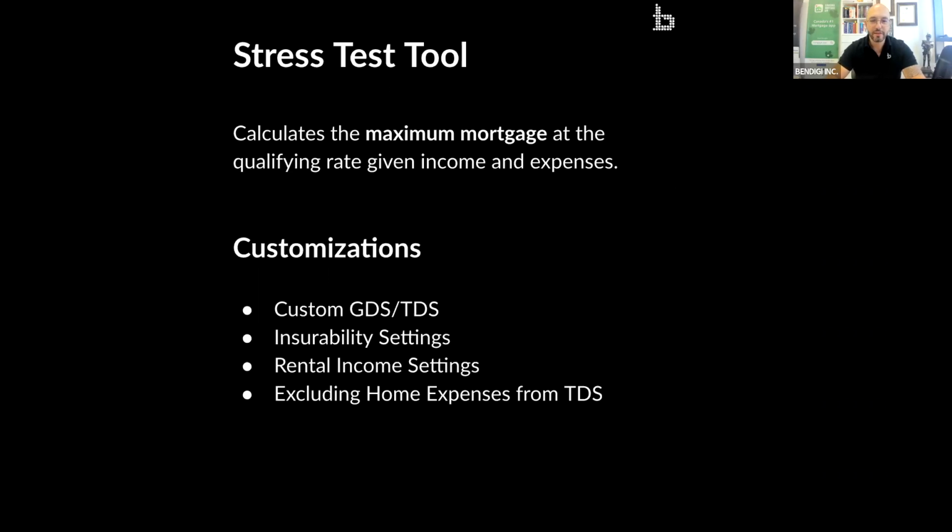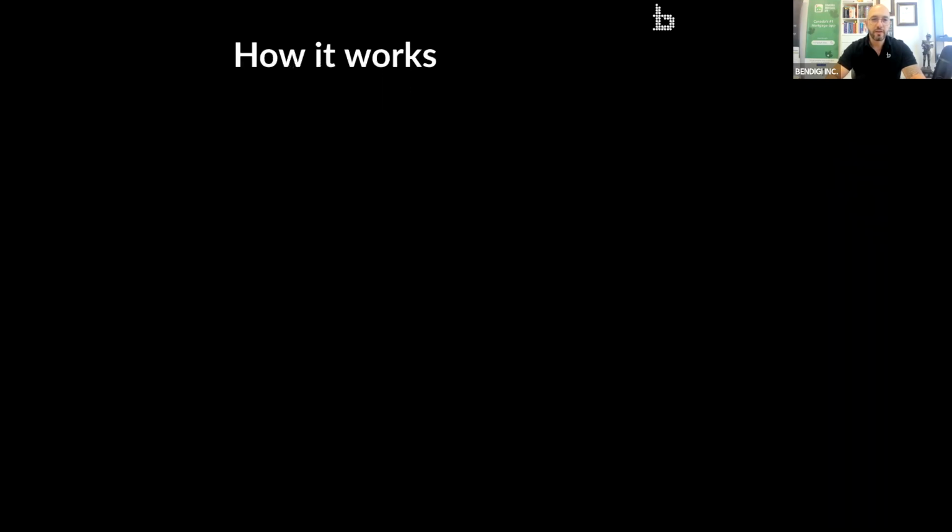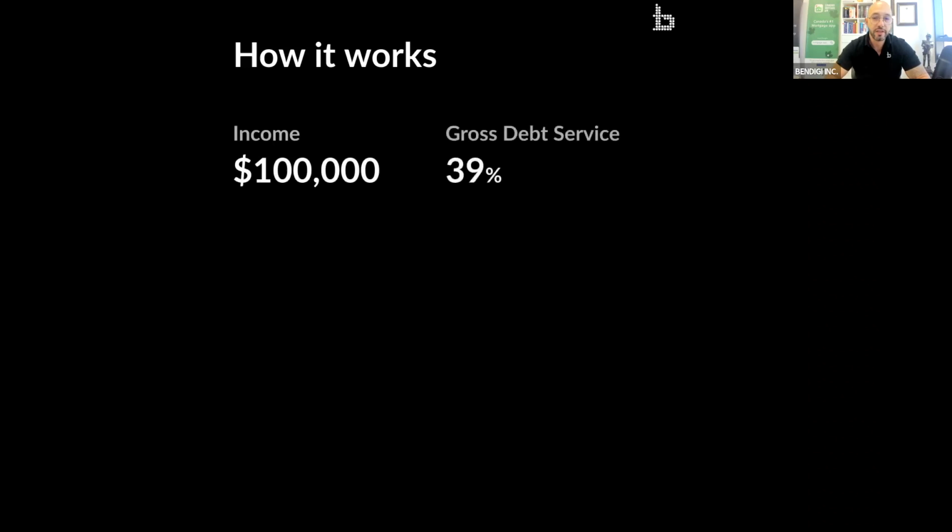Okay, so before we get started, I wanted to tell you how the stress test works, and I'm going to go very briefly through this for those of you who don't know. Let's say you have an income of $100,000 and your gross debt service, your GDS, is 39%. That means 39% of your income can be used towards home expenses, including mortgage payments.